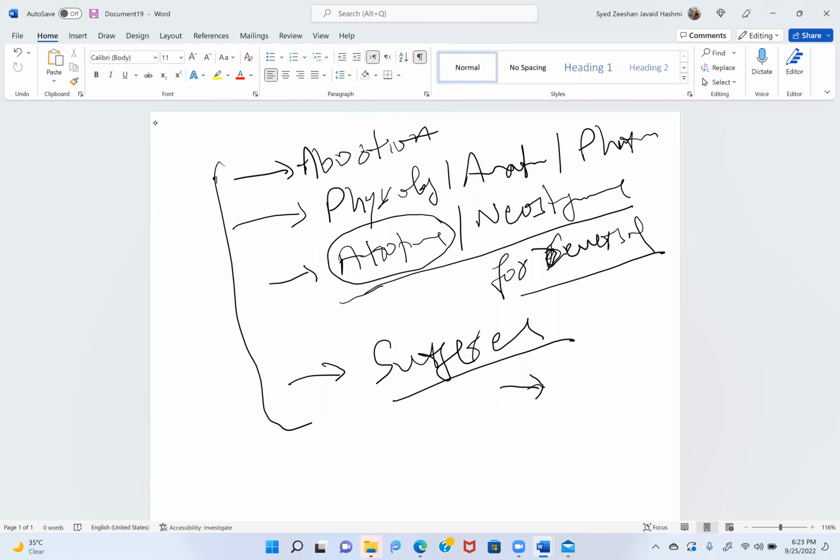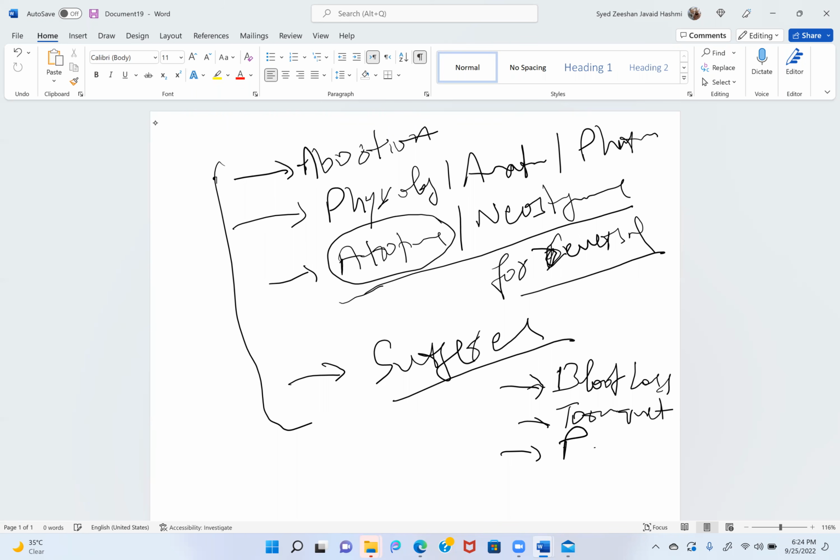Sir, for example, in this patient, upper limb surgery, there is risk of excessive blood loss. Second, if the surgeon uses a tourniquet, then complications related to tourniquet.